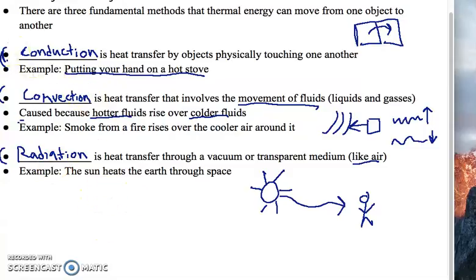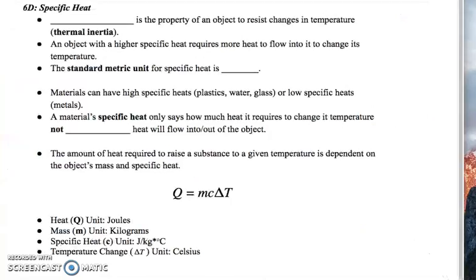Okay, so that's pretty much it for 6C. We're going to move on to the last section, which is a little bit longer, so that would be 6D. So 6D is going to be about specific heat. Specific heat is a property of an object to resist changes in temperature.